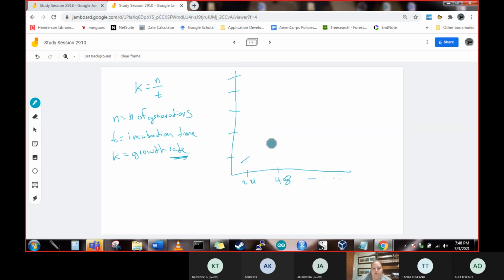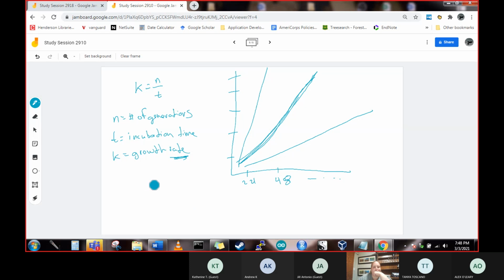And K would be the slope of the line. If this was our theoretical growth of our bacteria, K would be this growth rate. So you could have bacteria that grew slowly, or you could have bacteria that grow really quickly. So K is going to vary just how fast the colony is growing.